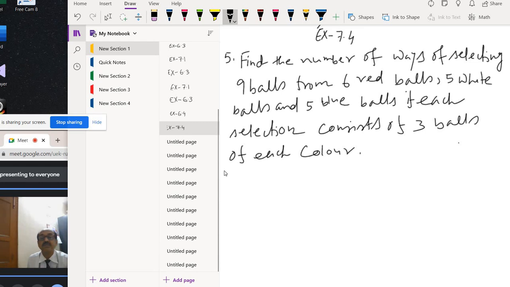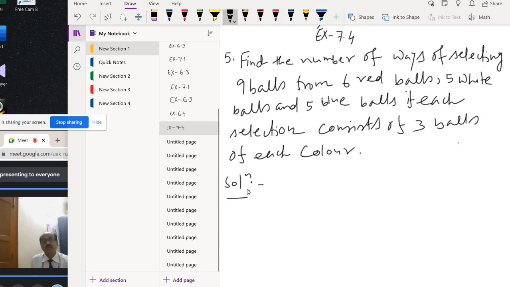Okay, so total selecting 9 balls from 6 red balls, 5 white balls and 5 blue balls, and each selection has 3 balls of each color.